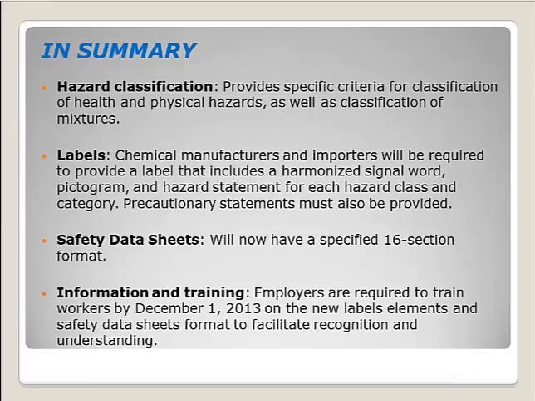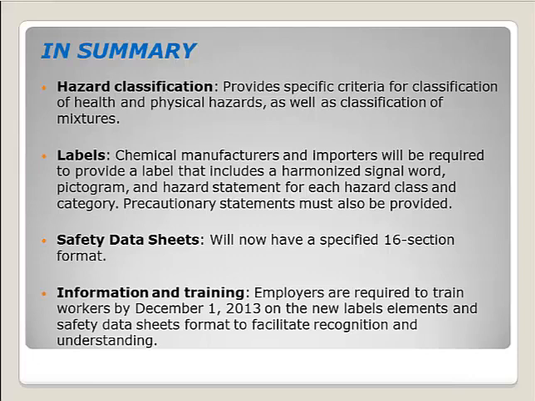Safety data sheets, again, the change there. We now have a specified 16-section format. Under the old material safety data sheets with the previous hazard communication standard, there were items that were to be provided, but there was no strict format. So with the new revision, it does talk about each section and what each section must have in it.